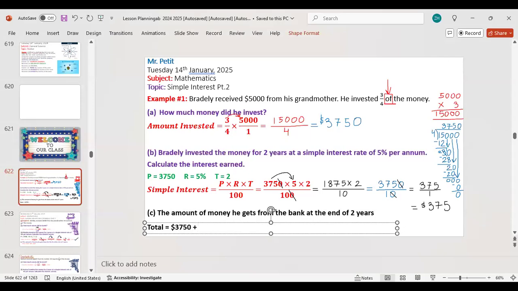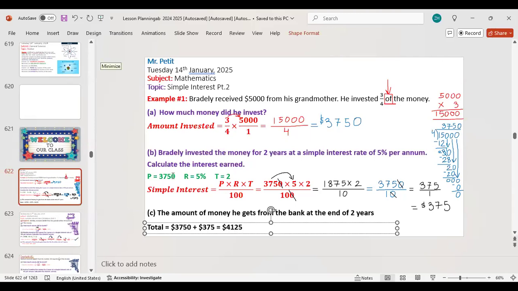And then he got how much more after 2 years? 375. So we have 3,750 plus 375. When we add them together, we get what? 4,125.